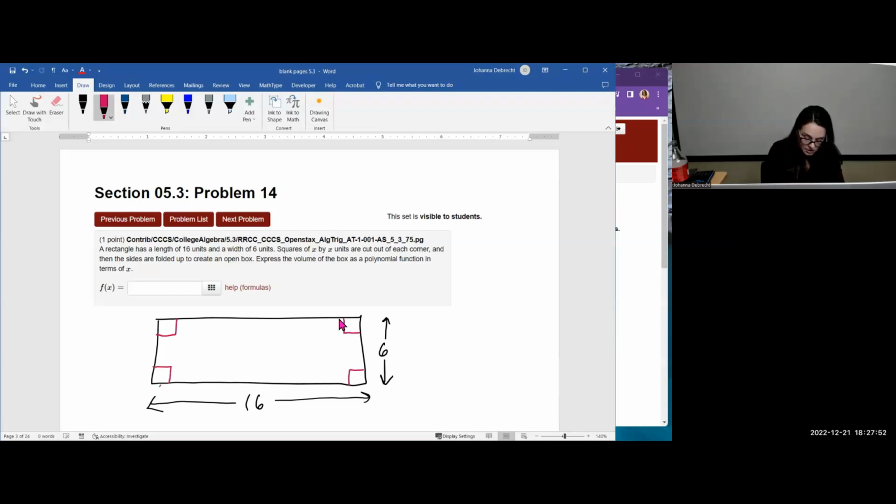So this is x, and this is x. And it's that way all the way around, right? So they're all x. Okay, got it. And then the sides, okay, are folded up. I'm not a very visual person, so I'm already getting a little lost, to create an open box.